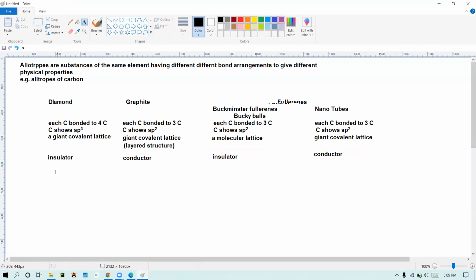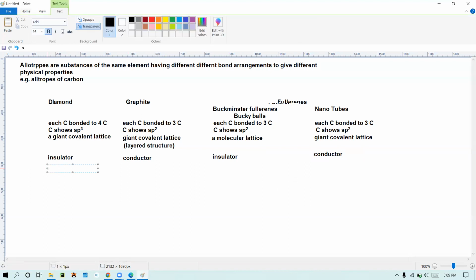And then the type of bonds available. Diamond contains covalent bonds.